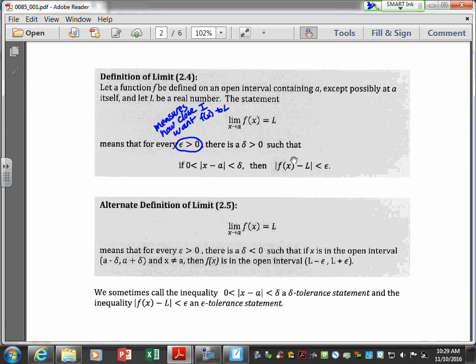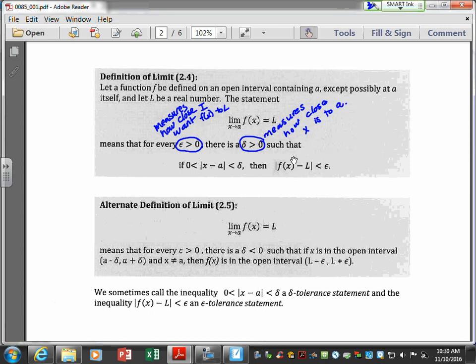Okay, and then if we try to break this down over here, this delta measures how close x is to a.